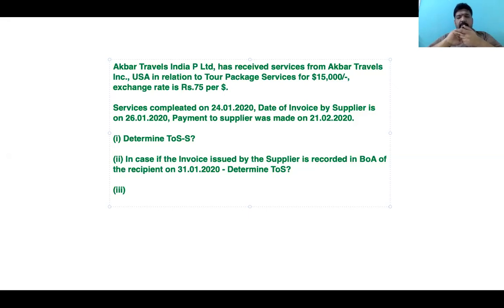The services are completed on a particular day. The invoice is raised by the parent on a particular day. That invoice is recorded by the recipient in its books of accounts on another day. And finally, the payment is made to the supplier on a different date. You have four different dates: 24/1/2020, 26/1/2020, 31/1/2020, 21/2/2020.